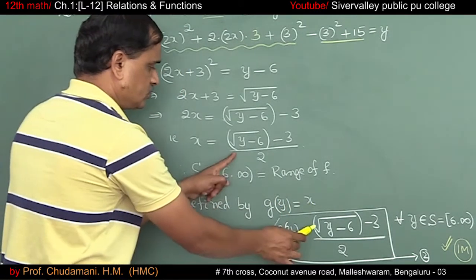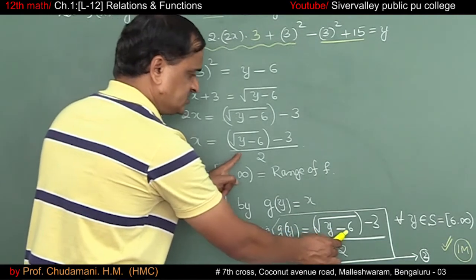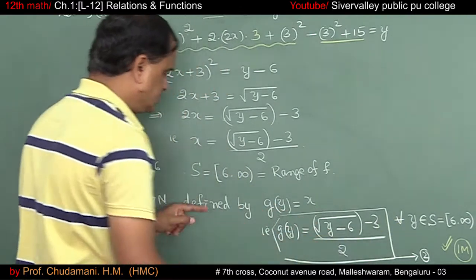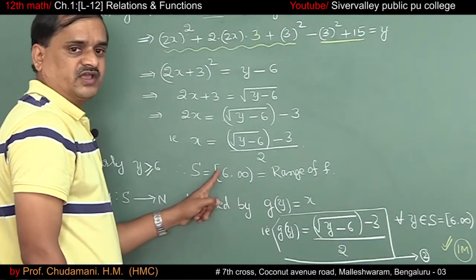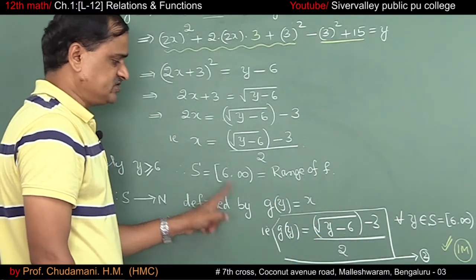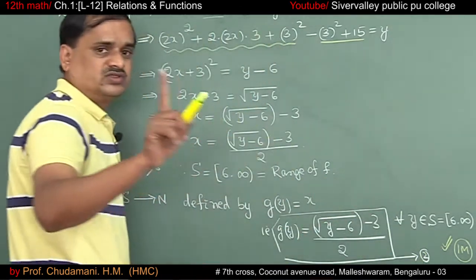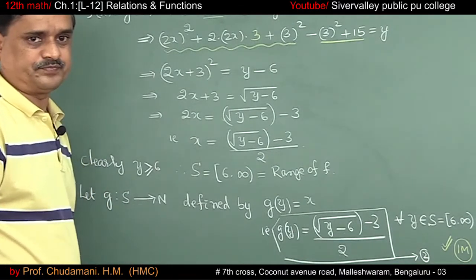This: root of y minus 6 minus 3 divided by 2, for all y belongs to the closed interval 6 up to plus infinity. Say equation 2. So this fetches you the first mark.